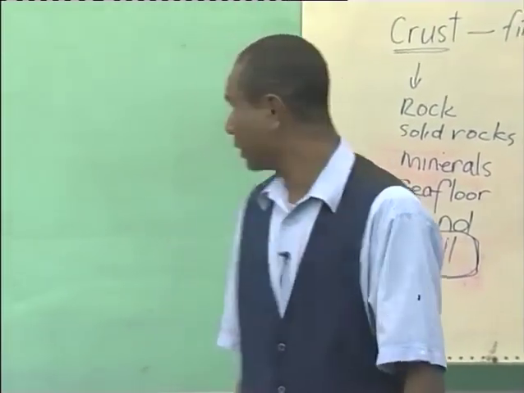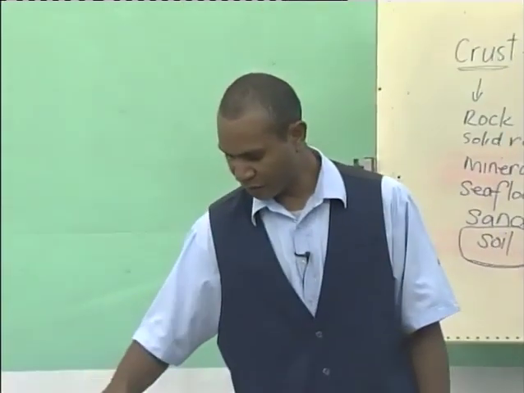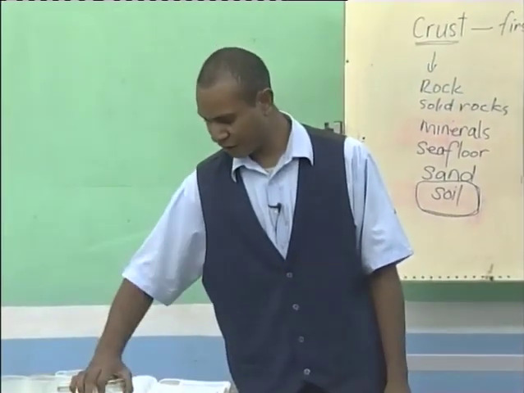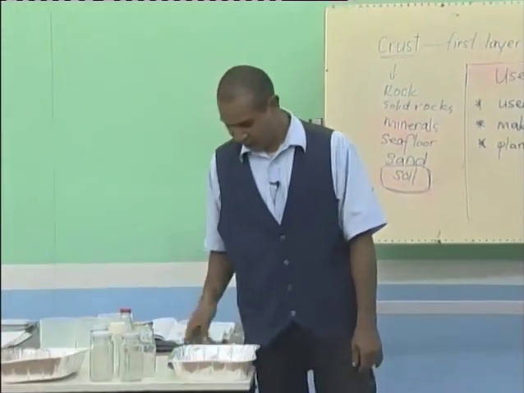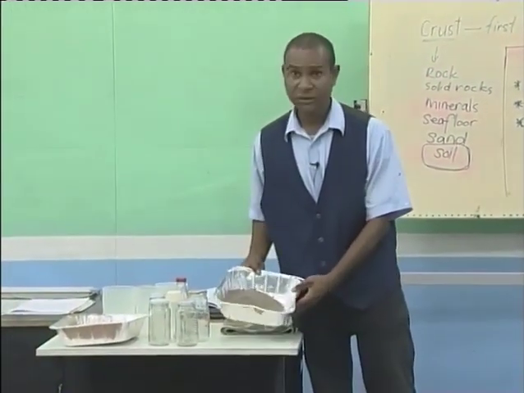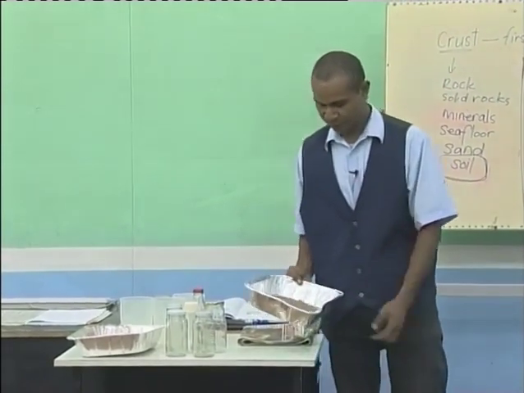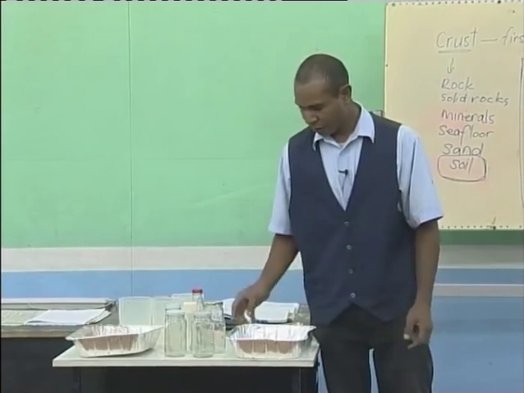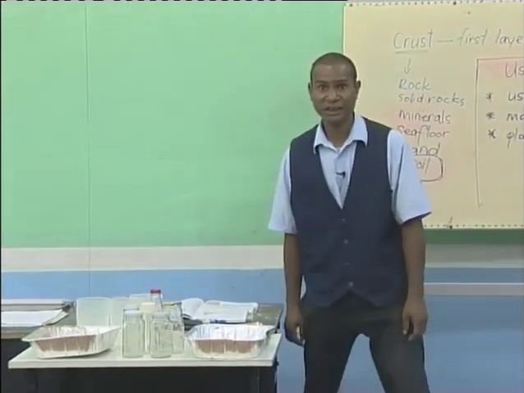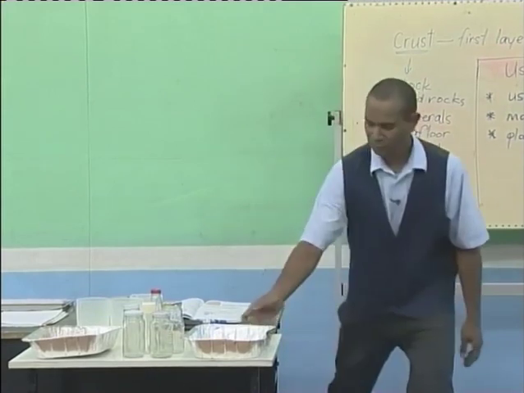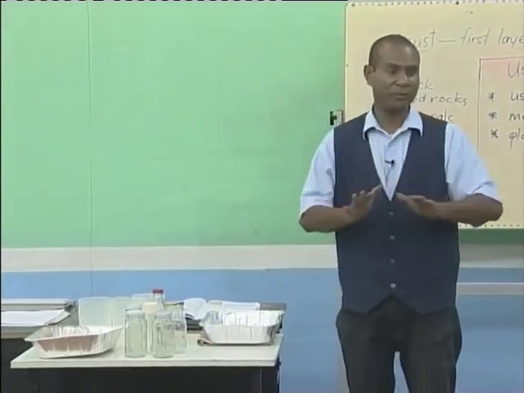So here, our activity today we'll be using some of these things. We have transparent glass bottles, and we have dry soil, and 6 glass bottles, as we'll be working in groups of 6. So please clear out your tables first.